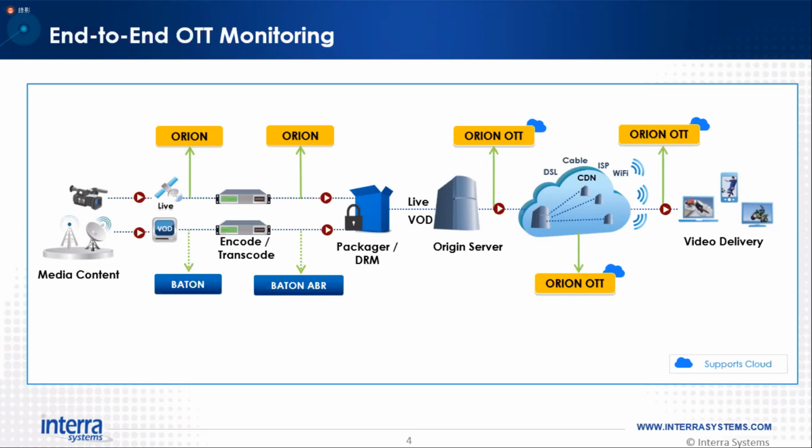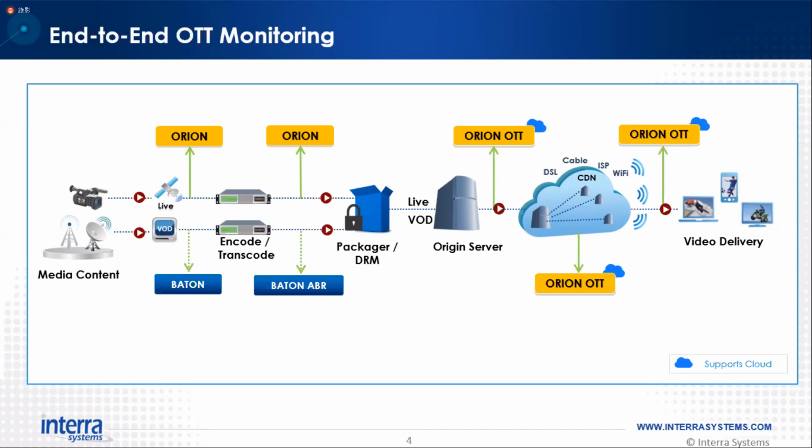Origin server onwards, Interra offers a module called Orion OTT Content Monitoring Module. This module monitors QoS and QoE of both live and VOD OTT assets at the origin server, and the same thing can be deployed at the CDN edges as well.